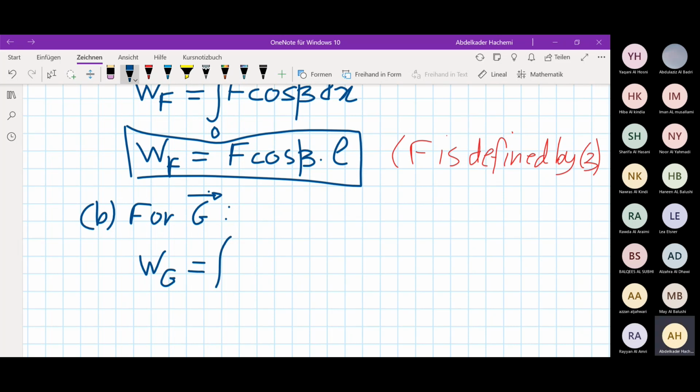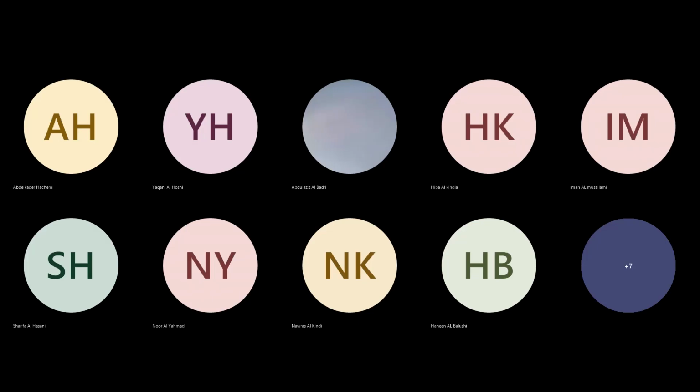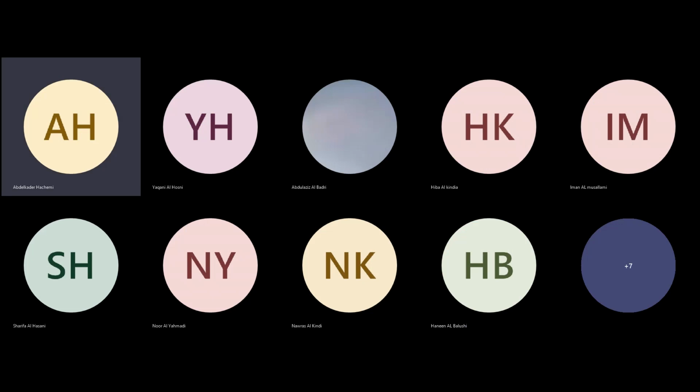Then we integrate also from 0 to L of minus mg sine alpha dx. Why is it minus? It's opposite to the direction of the motion.